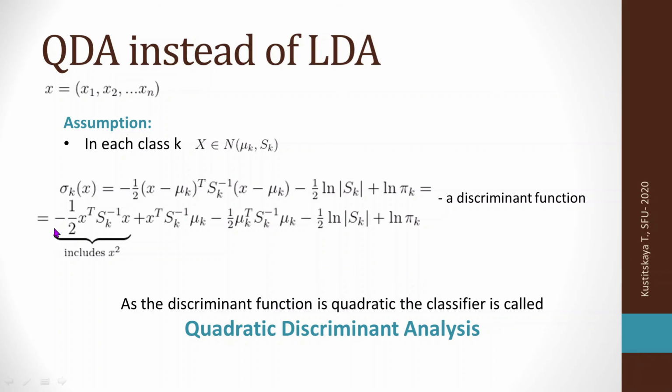We can notice that this expression includes one summand where x is squared. That is why we can say that the discriminant function is quadratic. Now when we put in the estimates for the means and for the covariance matrices, we get quadratic discriminant analysis instead of the Bayesian classifier.